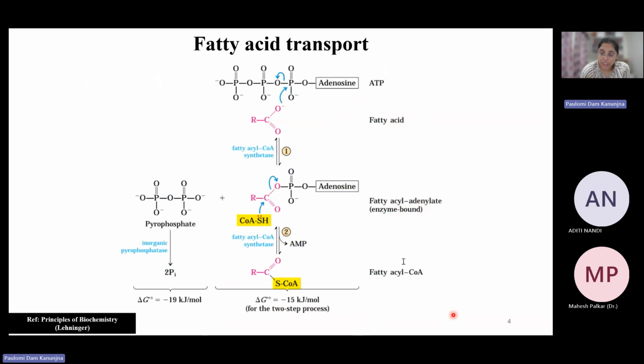First we'll just see that the fatty acid is converted to fatty acyl coenzyme A by these steps here. To understand which enzymes are involved, this conversion to fatty acyl coenzyme A is carried out by fatty acyl coenzyme A synthetase.